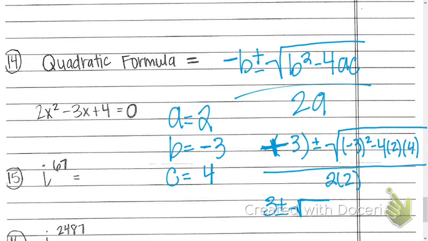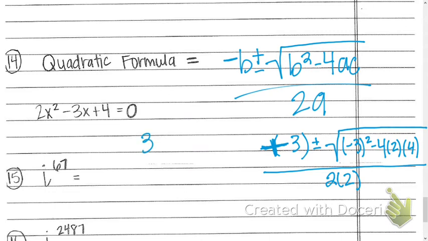Everything. Is the negative 3 squared going to equal positive 9, because it's negative 3 times negative 3? It'll be a positive 9. So 9 minus 32 gives negative 23.